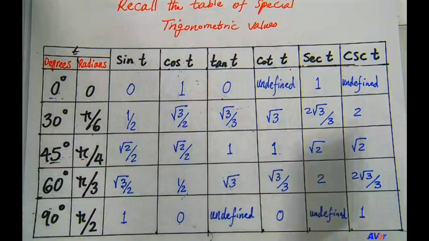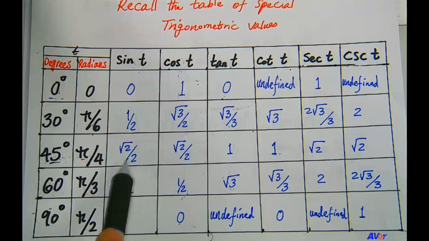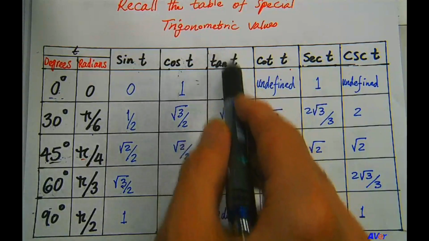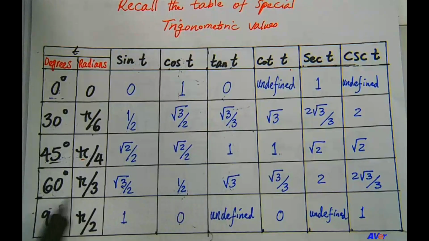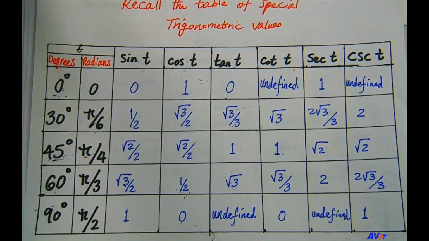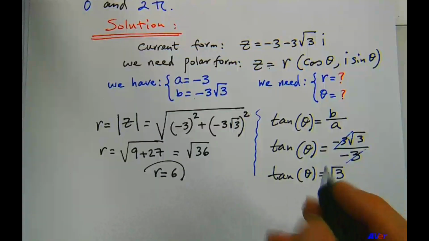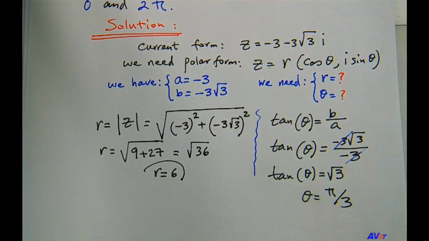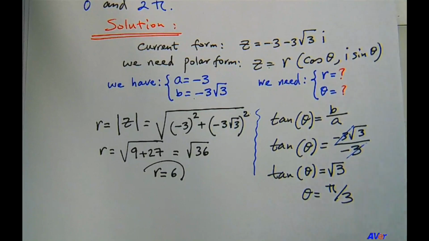So you can derive the rest if you know these two columns, and these are not too bad of numbers. In the tangent column, we have square root of 3 for pi over 3, or 60 degrees. So we know then that theta is equal to pi over 3. Let me move this up.